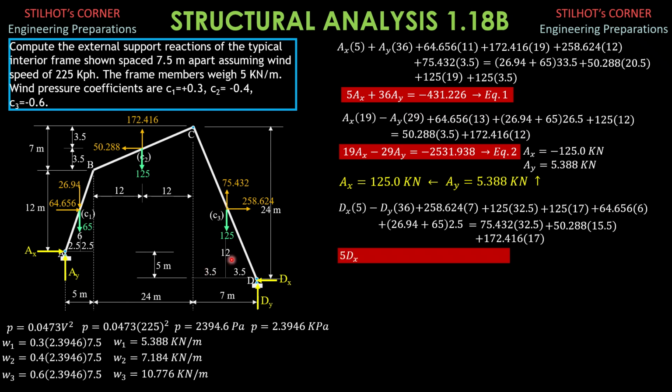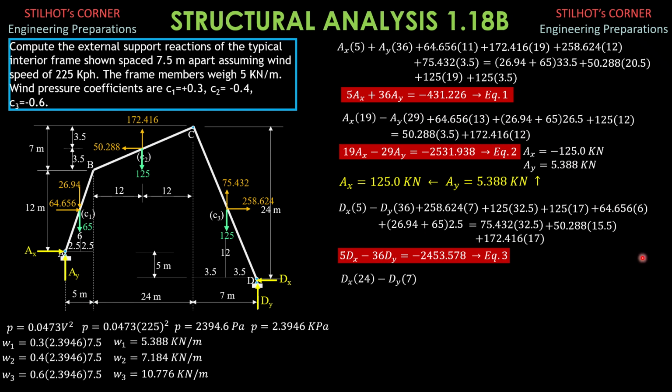Then here, counterclockwise, 50.288 times 15.5, 12 and 3.5, plus 172.416 times 12 plus 5, 17.